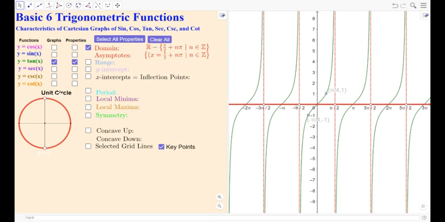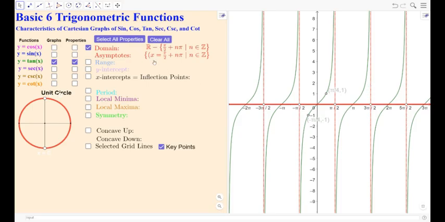But notice we have holes everywhere we have pi over 2 plus 2n pi and negative pi over 2 plus 2n pi, or in other words, pi over 2 plus n pi, or another way to say that is odd multiples of pi over 2. Notice that everywhere the cosine is 0 is exactly where the tangent is undefined, and those are the places where we have vertical asymptotes that you can see.